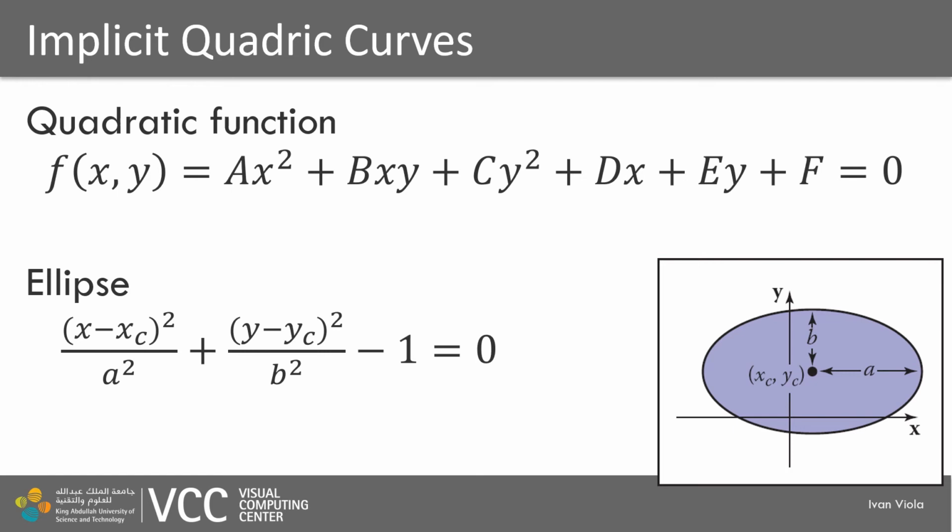This ellipse is, however, only an ellipse which is axis aligned. So if we would like to create an ellipse which is arbitrarily rotated, we would either need a different quadratic function formulation, or we would need to apply some transformations to the axis-aligned ellipse on top of the original function.